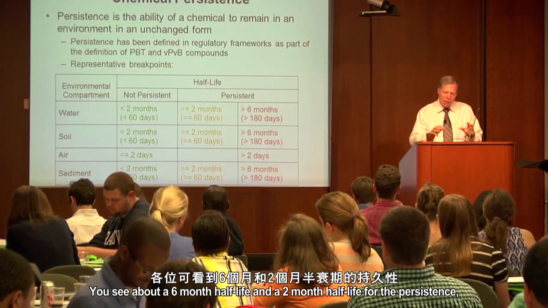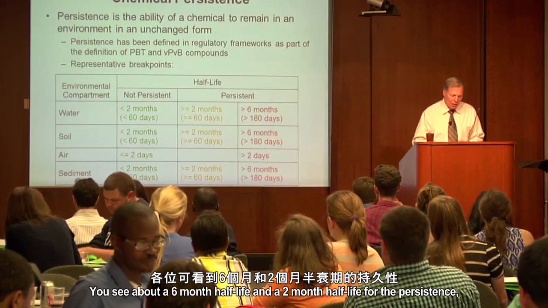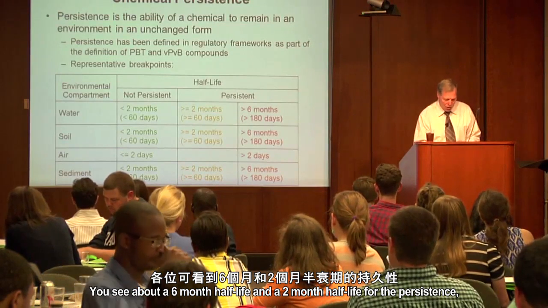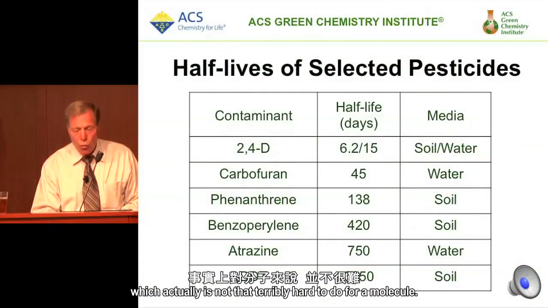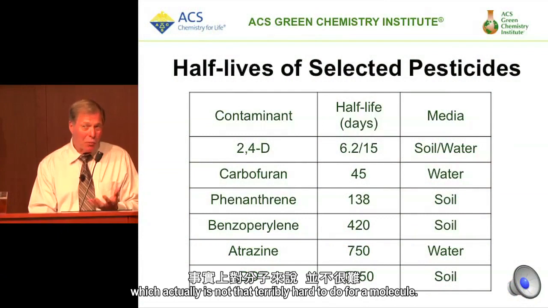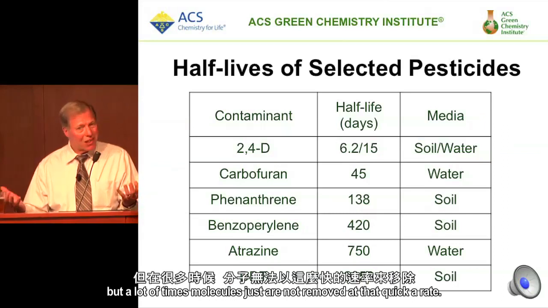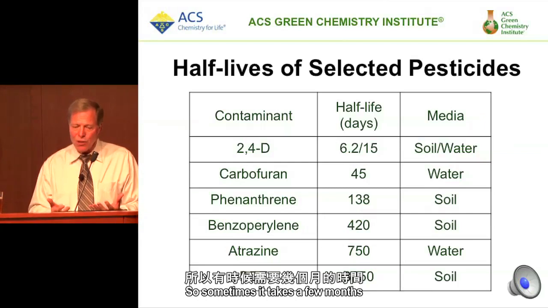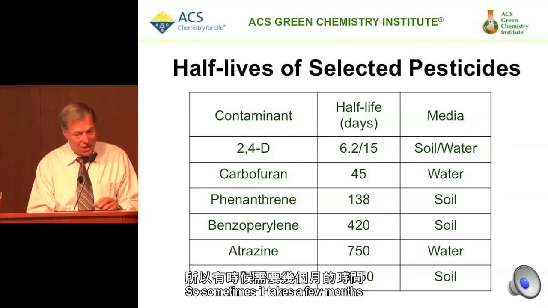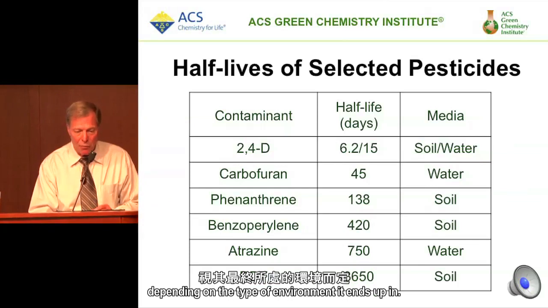And you see about a 6-month half-life, 2-month half-life for the persistence, which actually is not terribly hard to do for a molecule. It's nice if a molecule will be readily degraded, removed in a short period of time, but a lot of times molecules just are not removed at that quick a rate. So sometimes it takes a couple of months depending on the environment it ends up in.